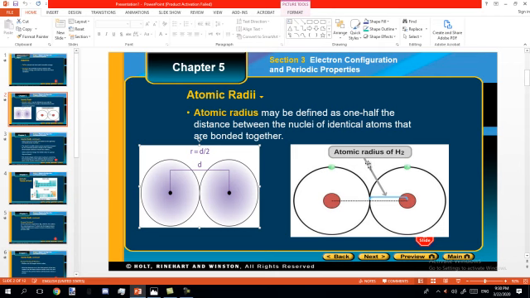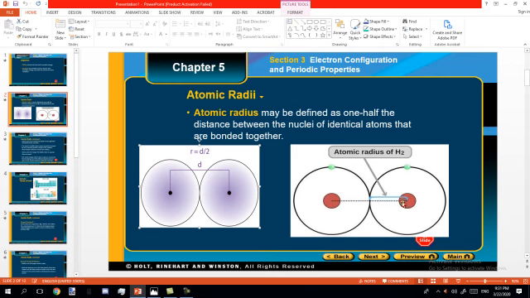Meaning, look here at the atomic radius of hydrogen, we have two hydrogen atoms. To measure the atomic radius, you must know the distance between the center, which is the nucleus, and the last energy level, or the electron in the last energy level. This is the atomic radius, and since you can't measure it accurately, you take a molecule of hydrogen, which is two hydrogen atoms joined together, and measure the distance between the center of this atom and the center of the other atom.